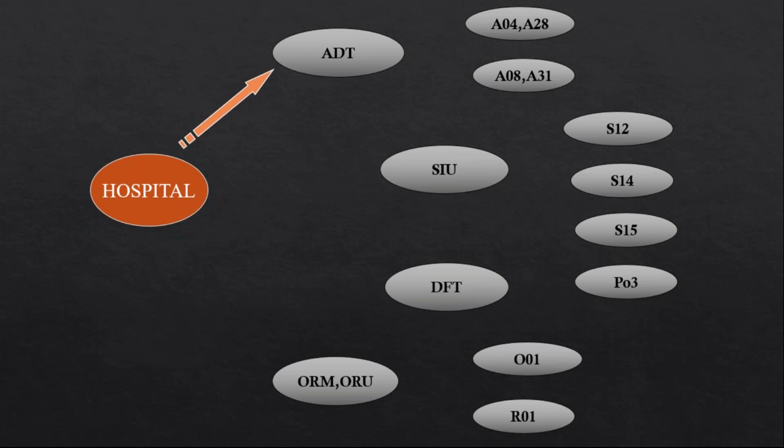So anytime in an HL7 message, if you're seeing A04 or A28, we have to understand that it's an HL7 message which is having new patient related information. And then the next one is update of existing patient details, which is represented as A08 or A31.